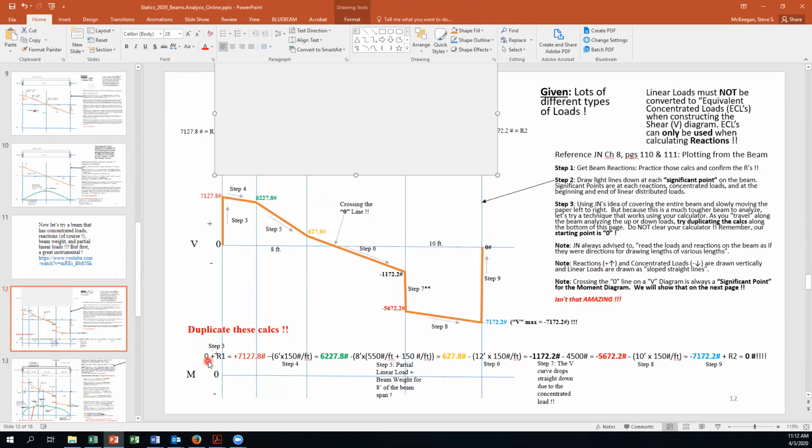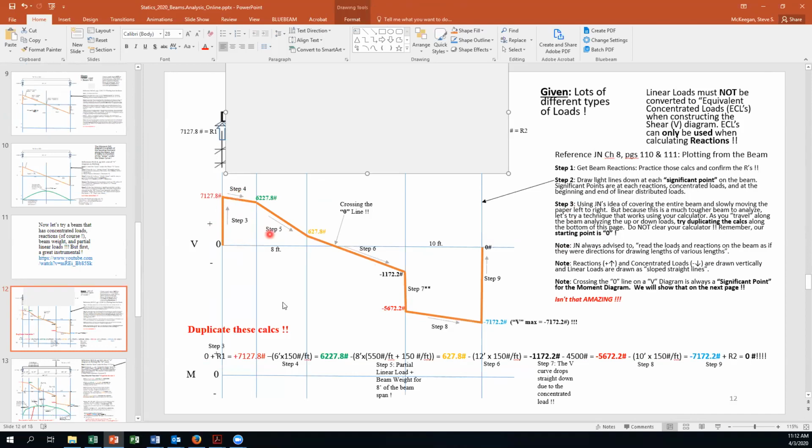So these calcs down here, lower left-hand corner of the screen, we start at 0. The end reaction, we uncover that according to JN, which means step 3 is we move straight up. Now you'll notice over here I stop at step 3.